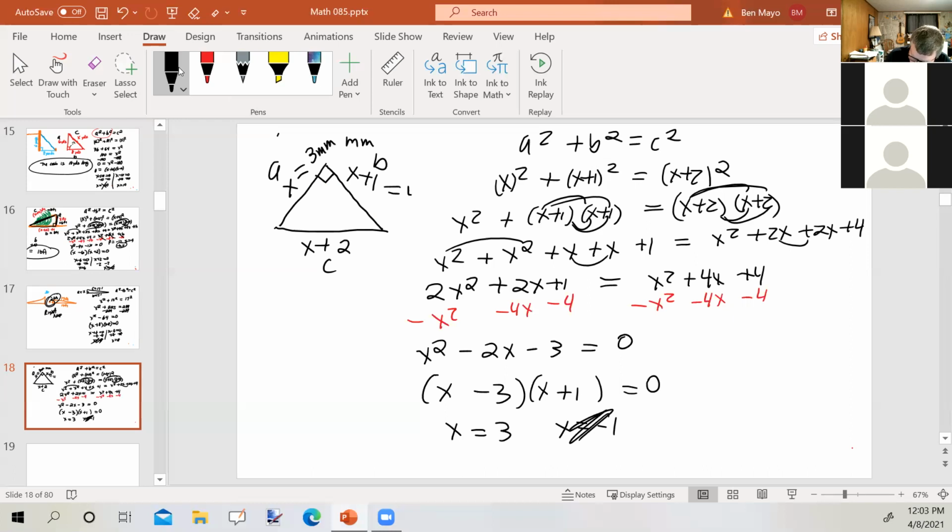This would be 3 plus 1, which is 4 millimeters. 3 plus 2 is 5 millimeters. So the lengths of the blade are 3 millimeters, 4 millimeters, and 5 millimeters. Any questions about that problem?